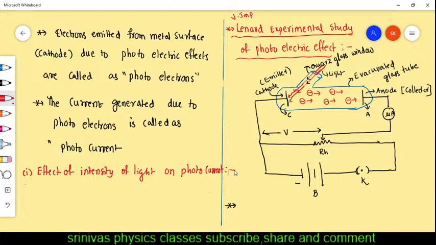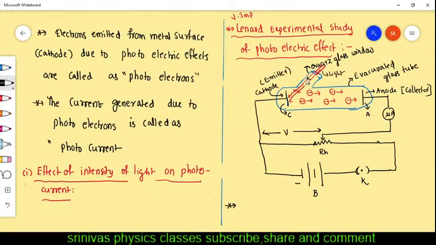This is my topic. What is the effect of intensity of light on photocurrent? If we increase the intensity of light, then what happens to the photocurrent? Generally, the current generated due to photoelectrons is called photocurrent.